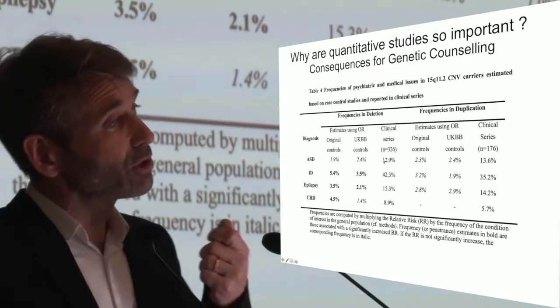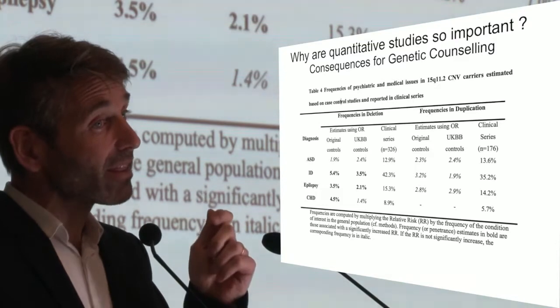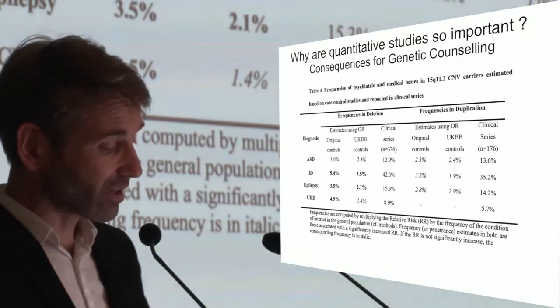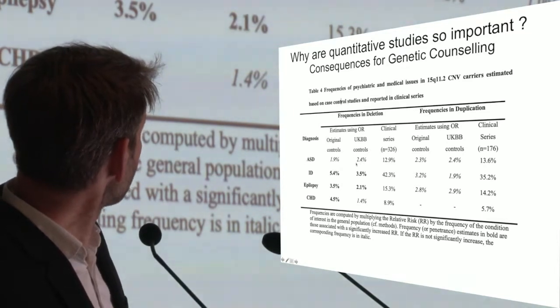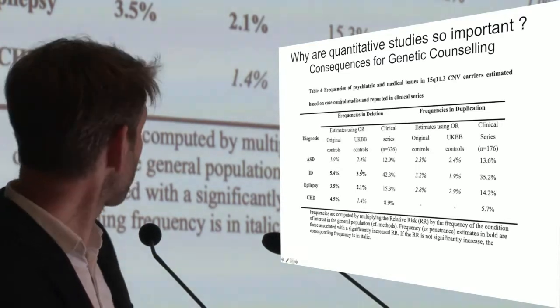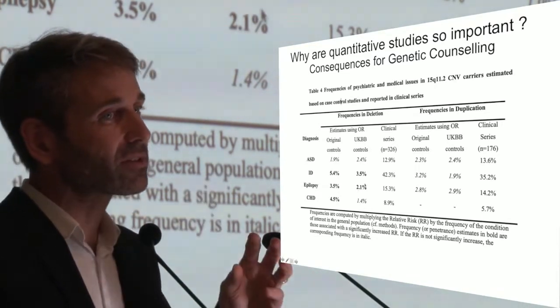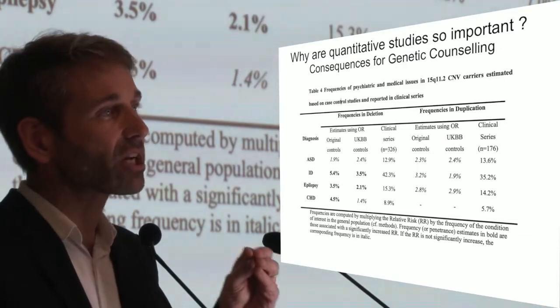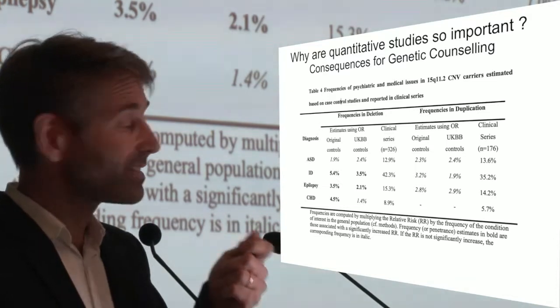If you really use the true quantitative data that has been gathered for this CNV, you see, in fact, that the risk for autism is 2.4%, the risk for ID is 3%, and the risk for epilepsy is 2%. So it's a very different message that you're giving to the family if you're using the right quantitative data.